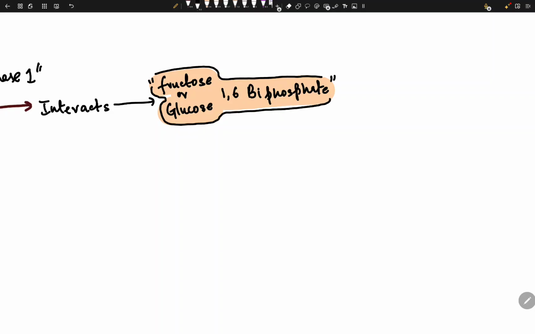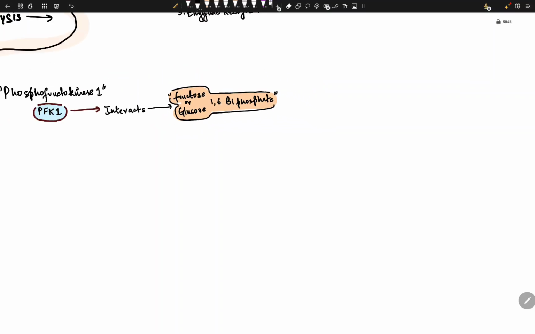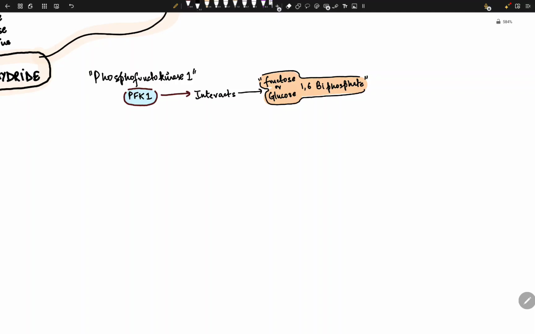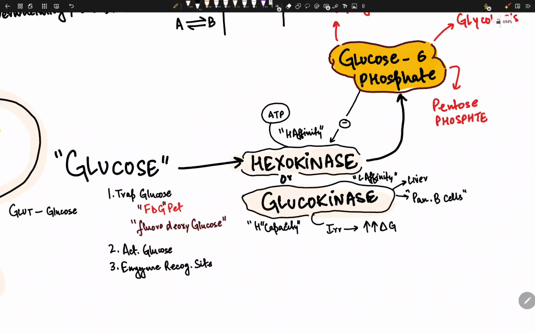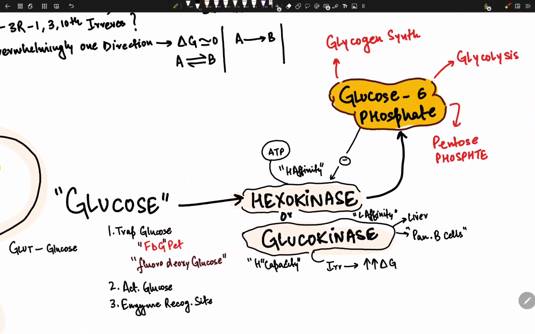Okay. Now we have this, right? This is just commitment. PFK1 is just a committing enzyme. It makes sure that this glucose 6 phosphate actually goes to glycolysis itself. It doesn't just wander off into glycogen synthesis or the pentose phosphate pathway, right?